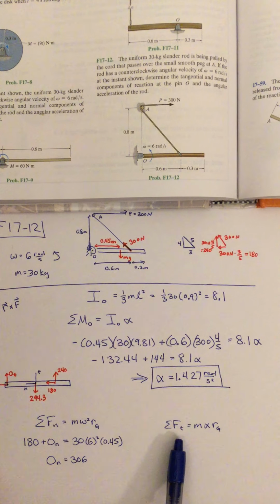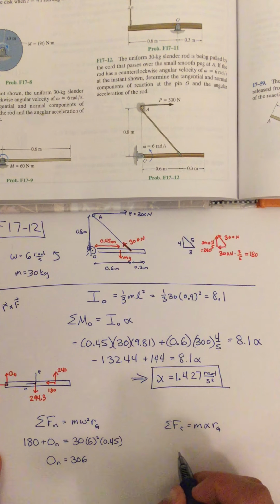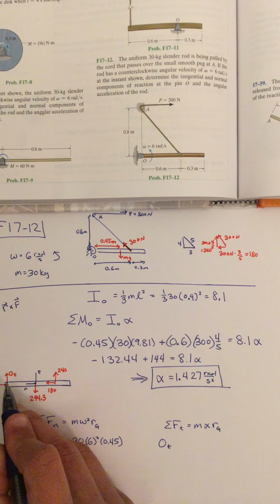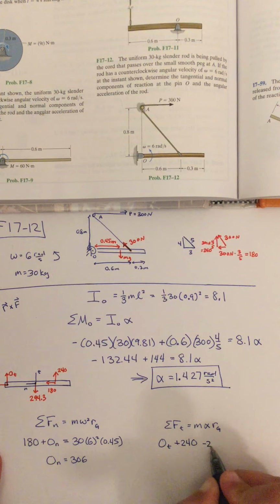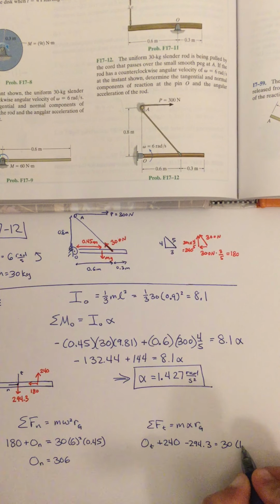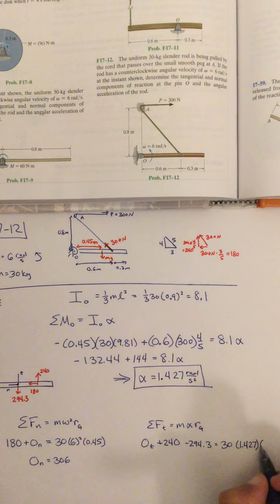And then we sum up the forces in the tangential direction. Tangential is pointing upwards at this instant. So we have a positive tangential component here, and plus 240, that's pointing upwards, minus the force of gravity because that's pointing downwards, is equal to the mass, which is 30, times my angular acceleration, which is 1.427, times the distance between pin O and point G, which is 0.45.